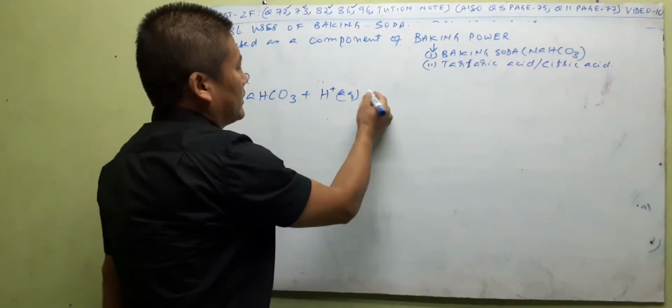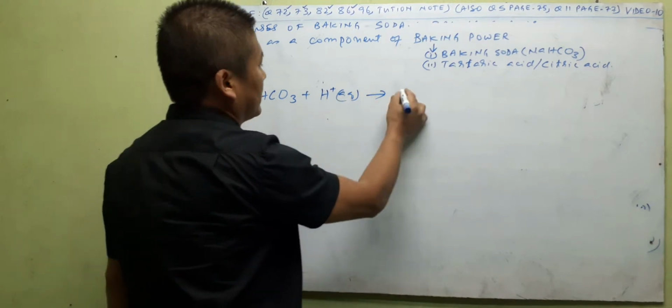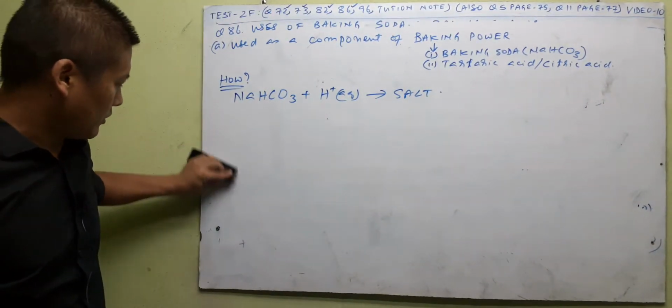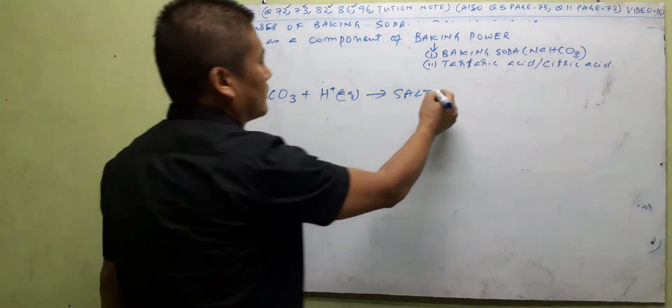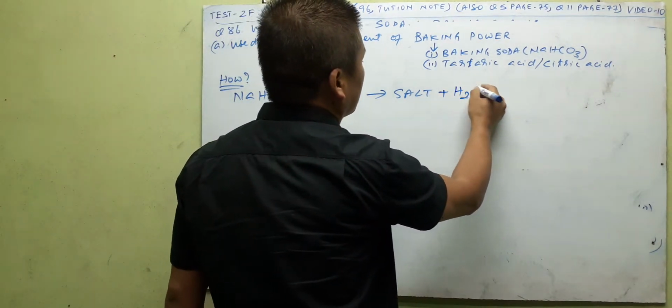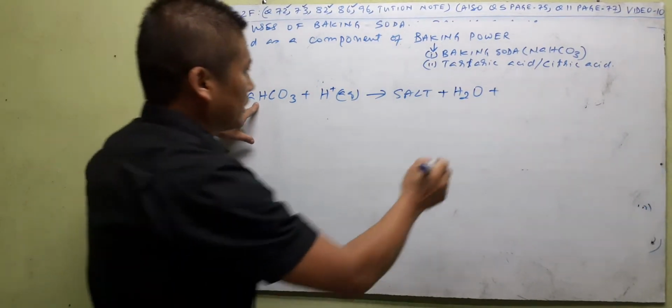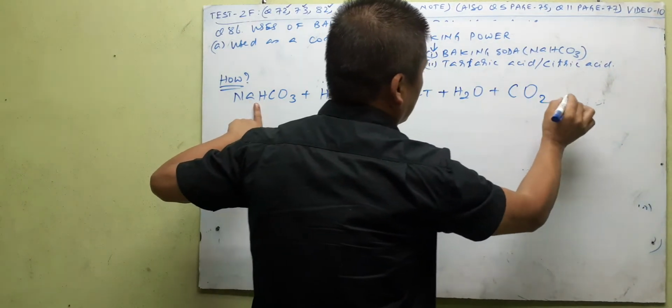So this is the tartaric acid. When acid reacts with base, you know you get salt, salt of whatever acid and base you are using, okay? Plus, we know that water is released. But in this case, it is special because sodium carbonate is there, so it is releasing carbon dioxide.